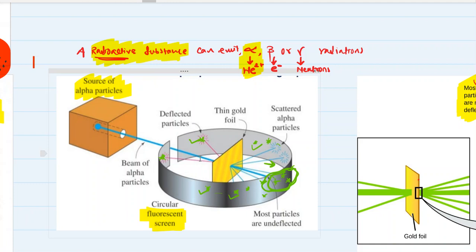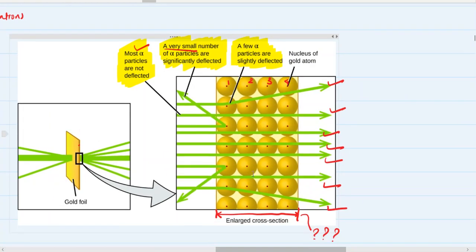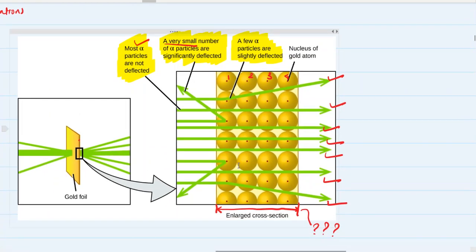Since most of the alpha particles are getting through the gold foil, he said that the atom as a whole is relatively empty. Atom तो खाली जगह होती है बस. Just imagine, that's what he said.